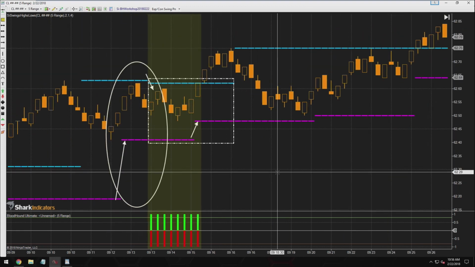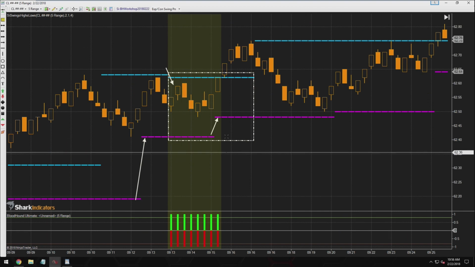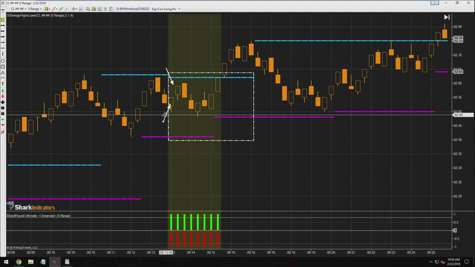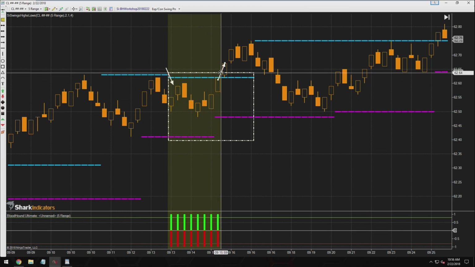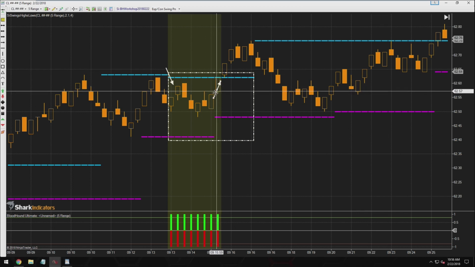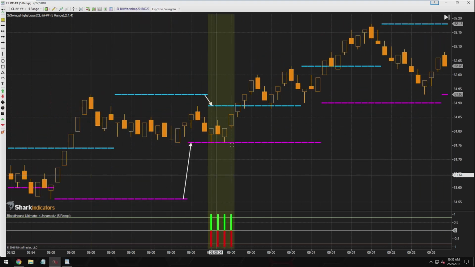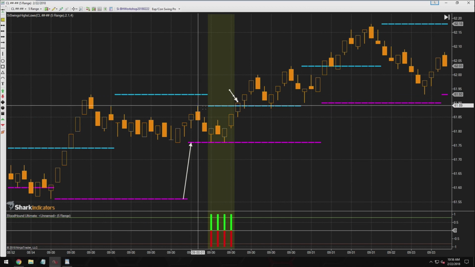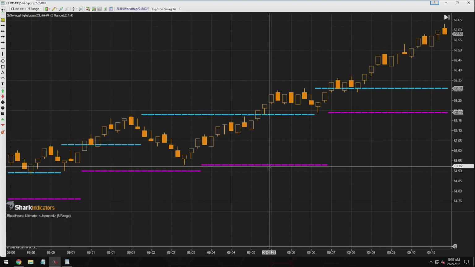Let's see what else we have here. And yeah, here we go. So we have a couple of bars of contraction until, again, price breaks out of that contraction, like so. All right. So that seems to be working pretty good. Let's just take a look at one more here. All right, yep, same thing here. As soon as price broke out of that swing high, it was turned off.